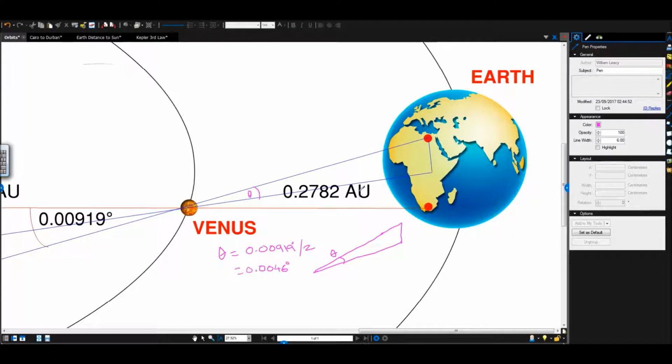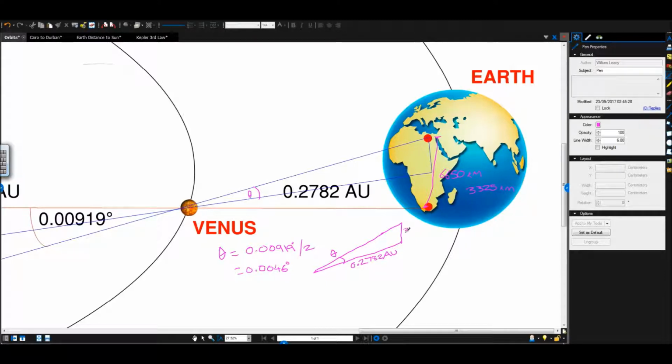This is still the same, so 0.72782 AU, and this distance here, so actually the distance from Cairo to Durban is 6650 kilometers. So half that distance is 3325 kilometers.